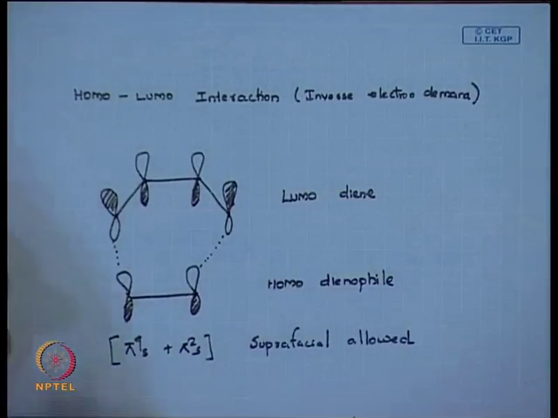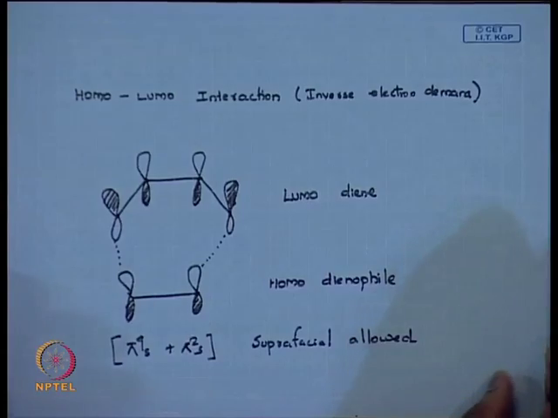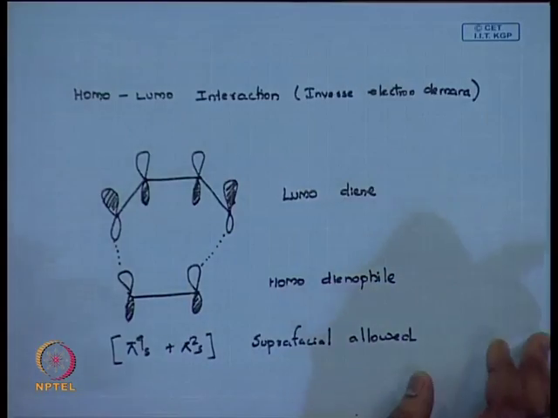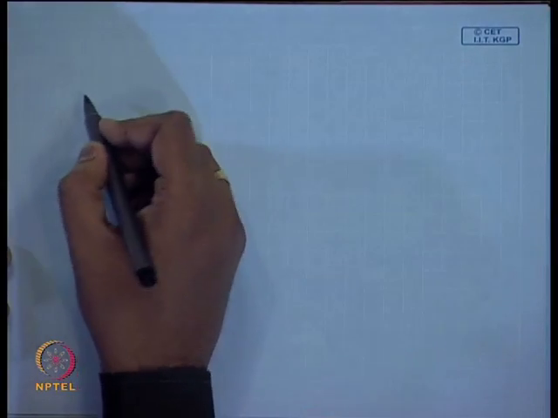So, what it says basically is that yes, the inverse electron demand is energetically favored, and if you do it orbitally, it is also allowed. So, if you take the LUMO of the diene and HOMO of the dienophile, again it is suprafacially allowed, just similar to your earlier normal Diels-Alder reaction. So, we will see some quite interesting examples of inverse electron demand.